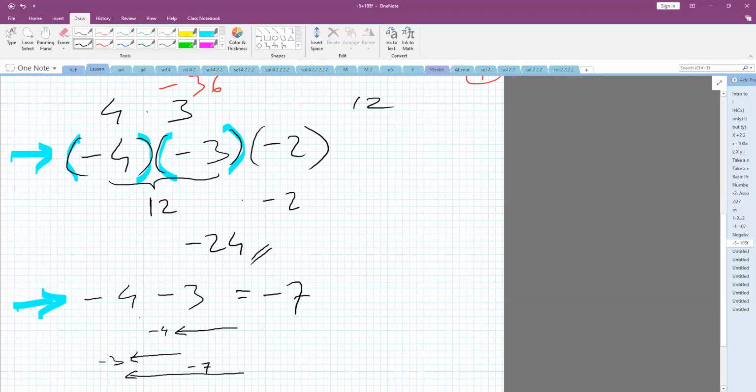So if you don't have anything like a bracket, that means you have addition or subtraction. Now with positive numbers, normally you don't have to use a bracket because when you only have 4 and then 3, that means you multiply them, which gives us 12.